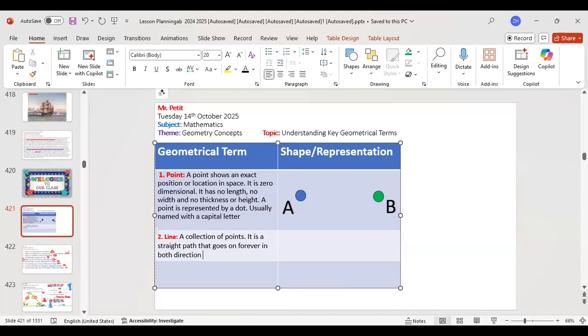Key thing: it goes on forever and ever in both directions. Both directions. That's very important. All right.